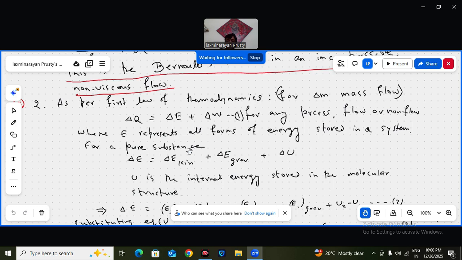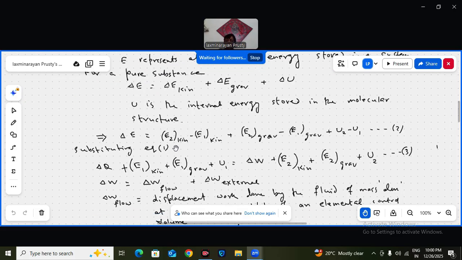For a pure substance, delta E will be delta E kinetic, delta E gravitational, and delta U, the internal energy stored in the molecular structure. So delta E will be E2 kinetic minus E1 kinetic plus E2 gravitational minus E1 gravitational plus U2 minus U1.